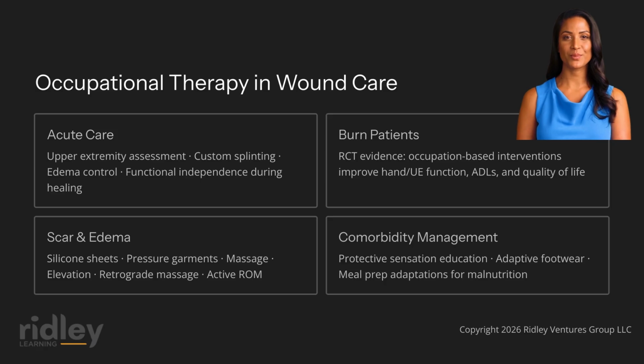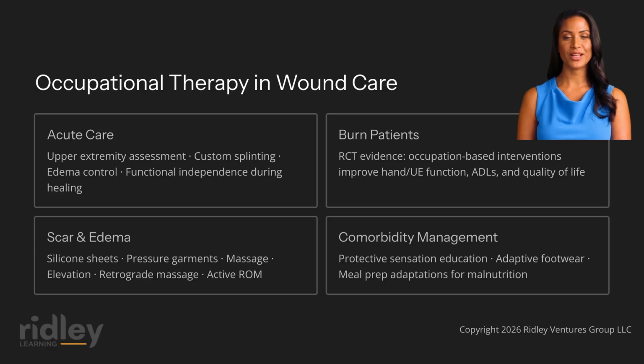In emergency department settings, occupational therapy evidence supports early intervention for hand and upper extremity wounds, with systematic review data confirming the effectiveness of OT interventions for work-related injuries and musculoskeletal conditions of the forearm, wrist, and hand.